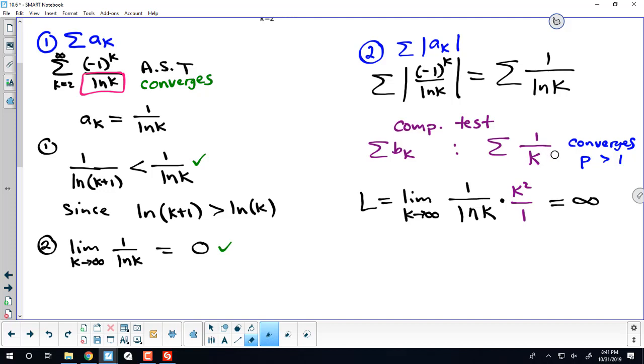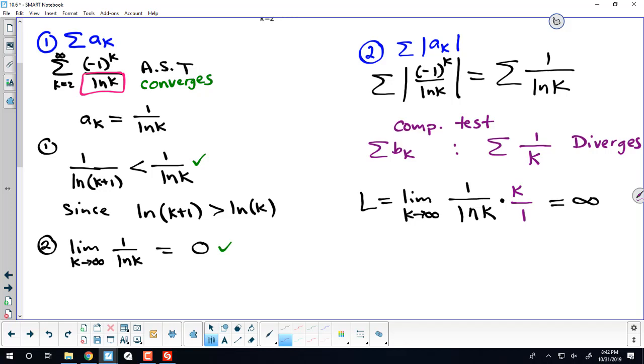Let me try comparing to 1 over k. We know 1 over k is a divergent series. It's the harmonic series. Is the limit still infinity? Yeah, the limit is still infinity. So we've got an infinite limit, and we're comparing that with a divergent series.